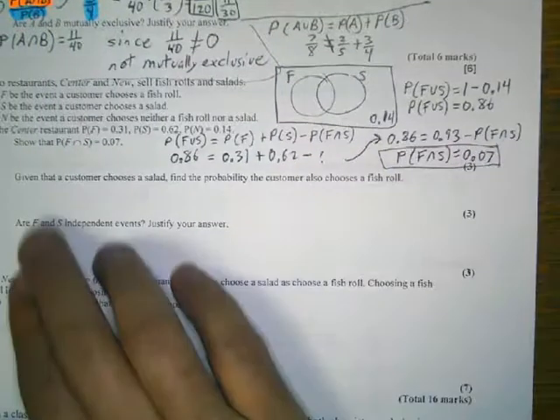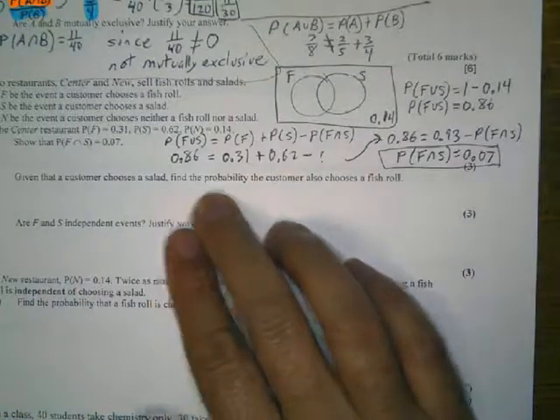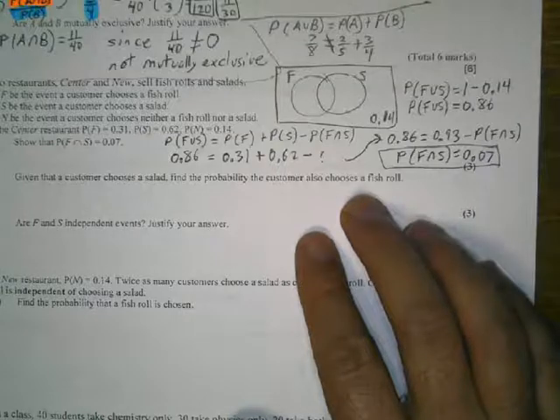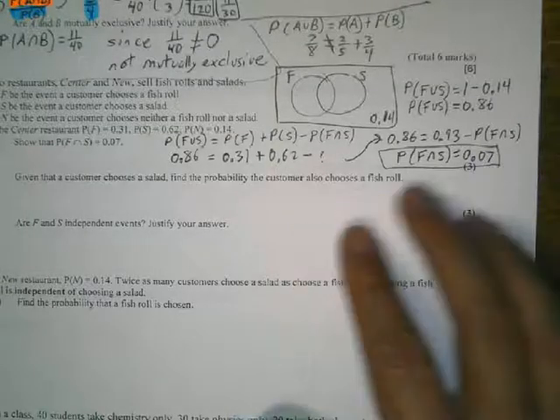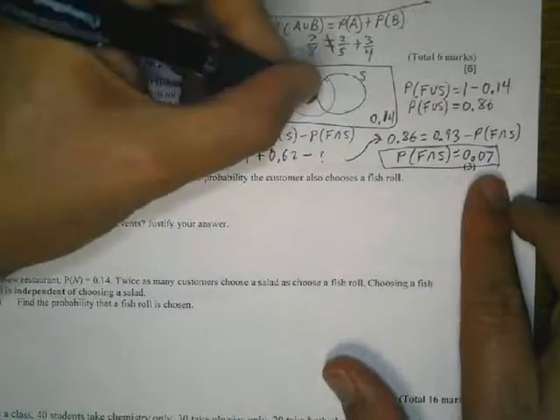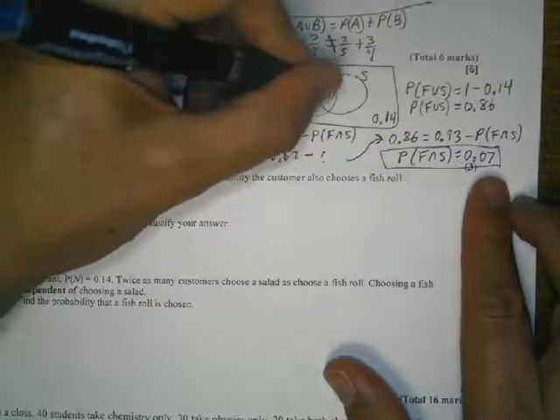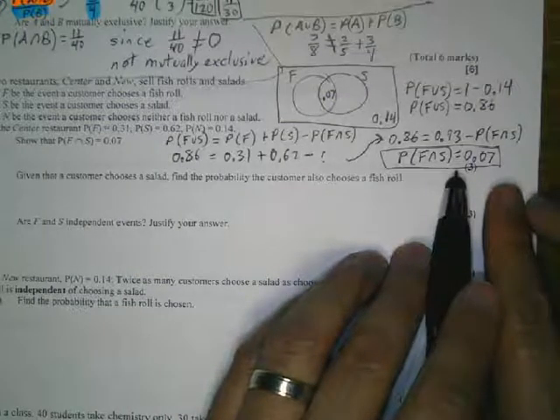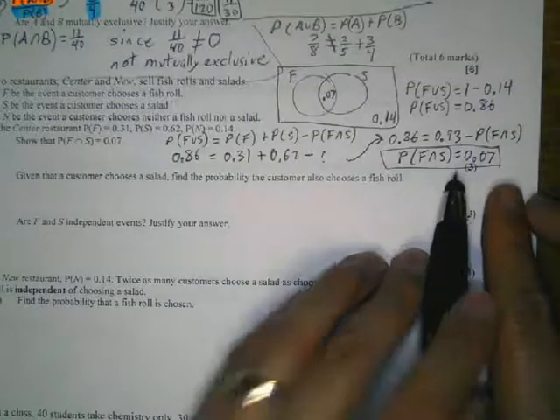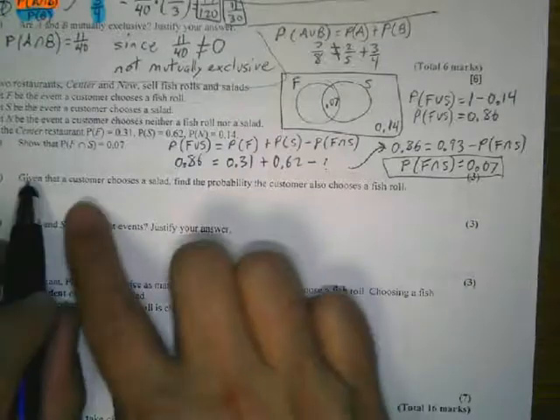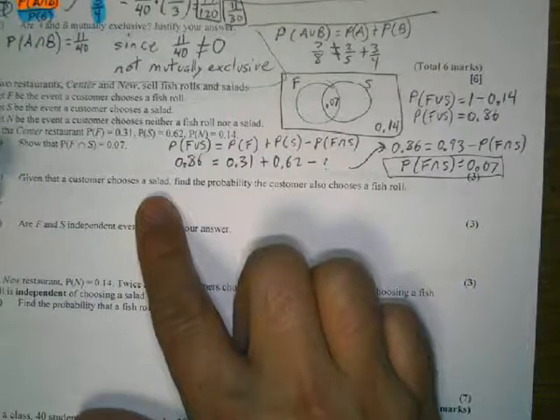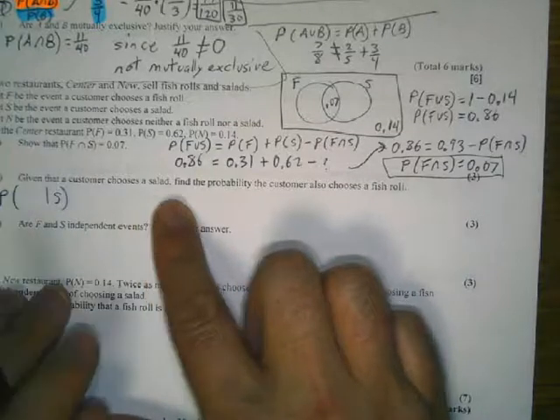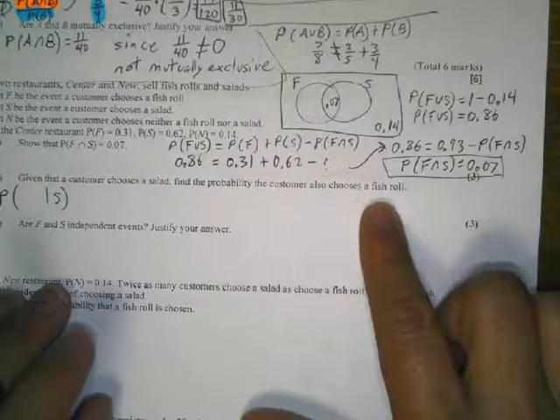Given that the customer chooses salad, find the probability the customer will also choose fish. So we know the intersection here is 0.07. So given that the customer chooses salad, find the probability that the customer also chooses fish.